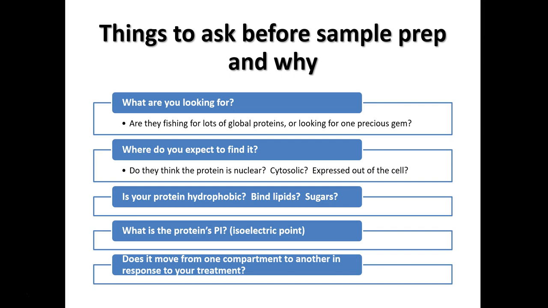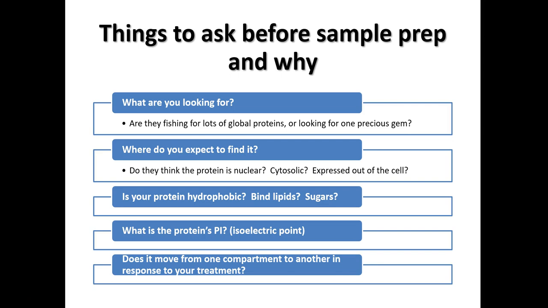So I don't so much care about all the other proteins that are present there, but I want to make sure that every single molecule of my protein comes out, or as many of them come out of the cell as I can get out. So I would want to cater my procedure according to extraction needs for that particular protein in that case.